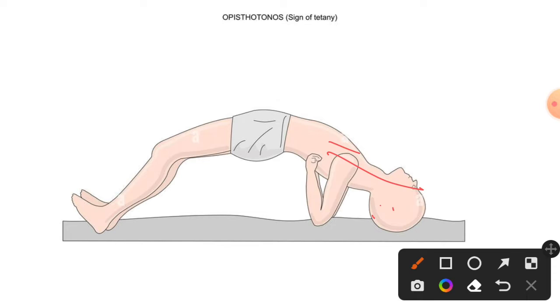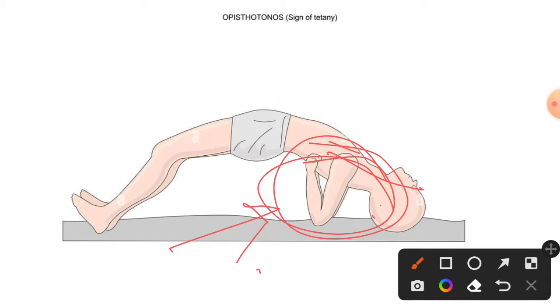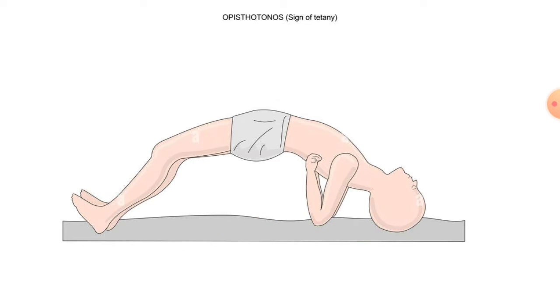Because look, the patient is only helping himself with the help of his hands, right? So it is a heavy, difficult thing, and that is why there should be excessive heating, excessive sweating.